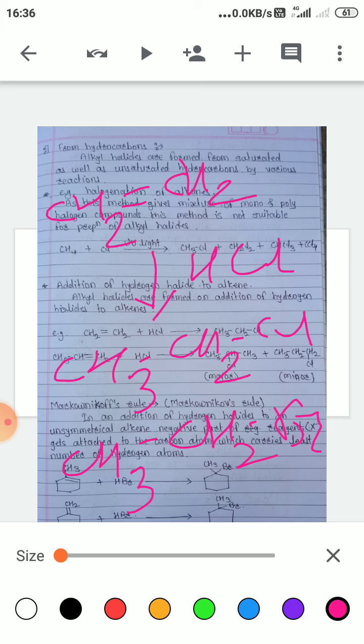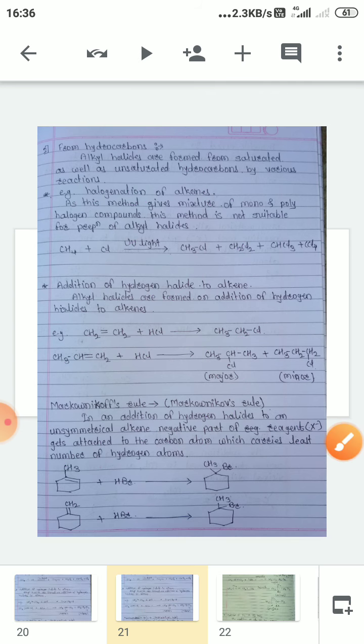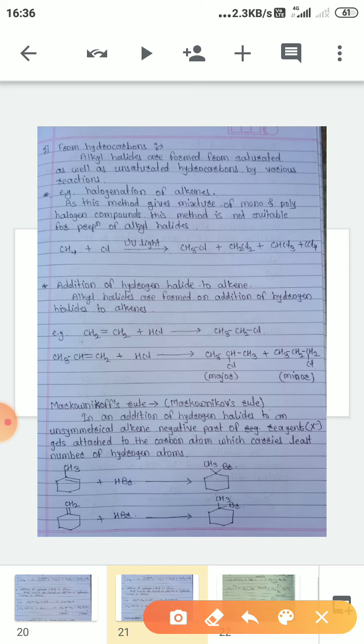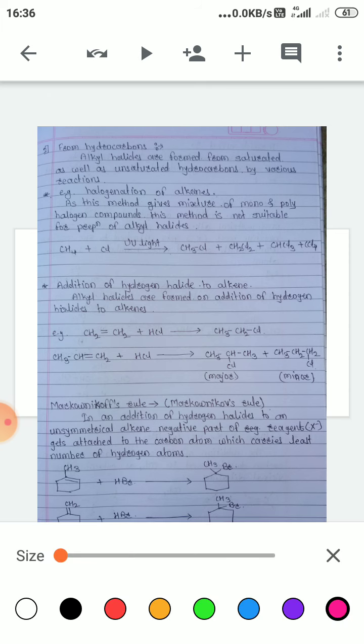If we take hydrogen iodide, then we will get ethyl iodide. But if the alkene is unsymmetrical, we will get two different products, and out of that only one product is major while the other is minor.